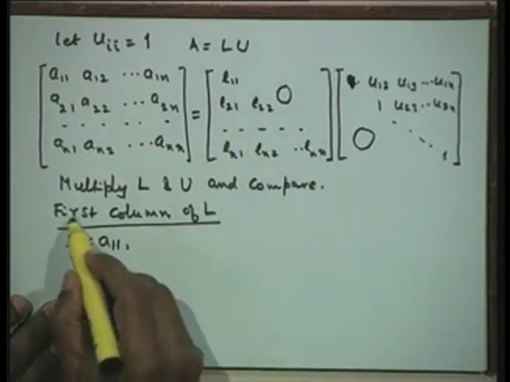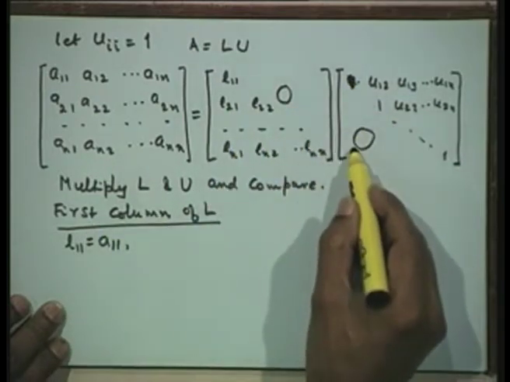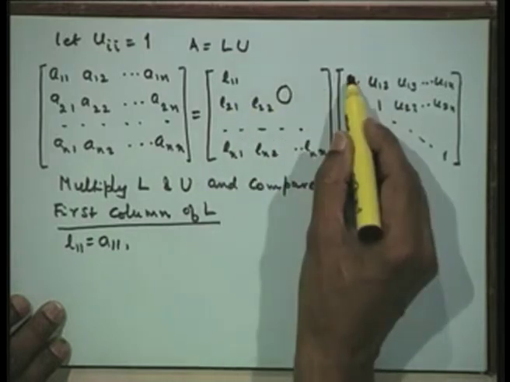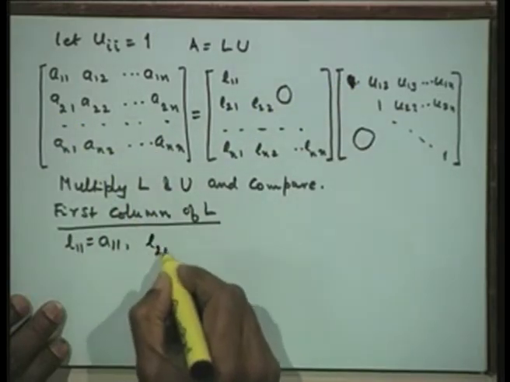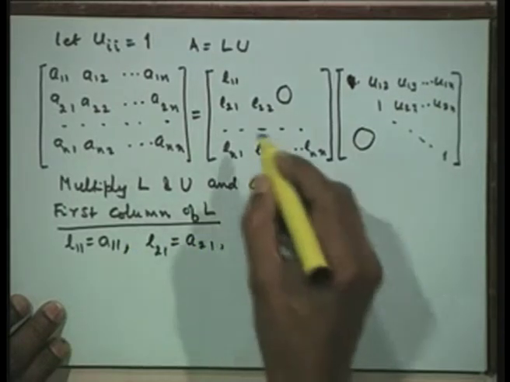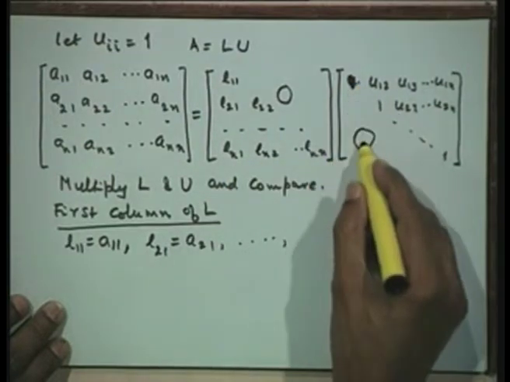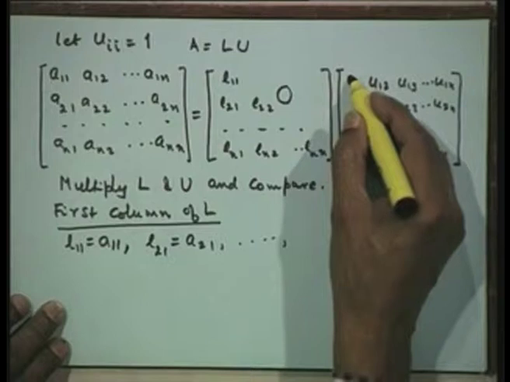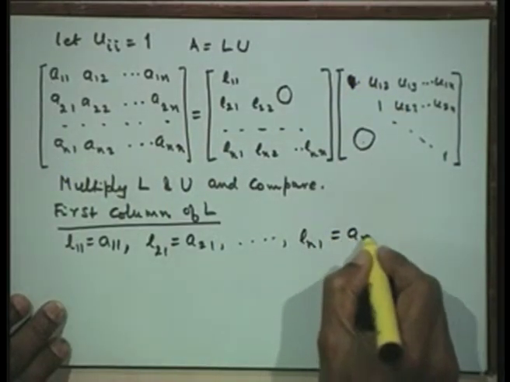Now, I am going through the first column of L. I will take the second row multiplied by the first column of U. So, this is L21 into 1, remaining are all zeros. So, L21 is A21. Similarly, the last row multiplied by the first column, Ln1 into 1, will be equal to An1. So, Ln1 is An1.